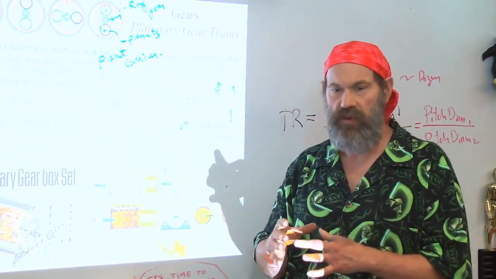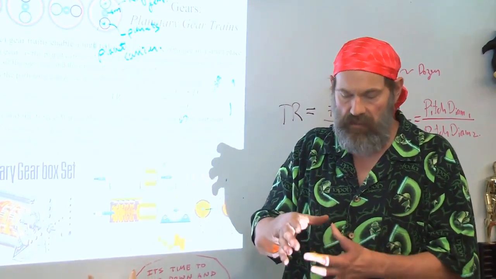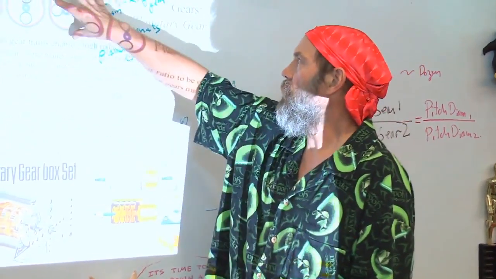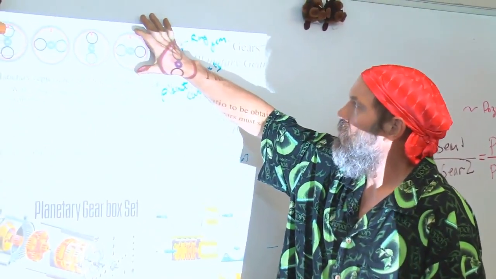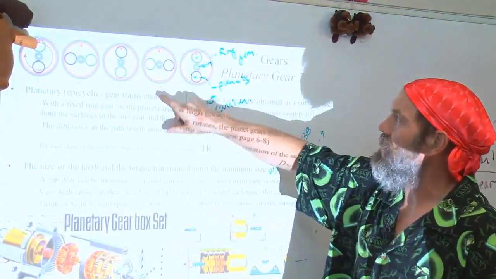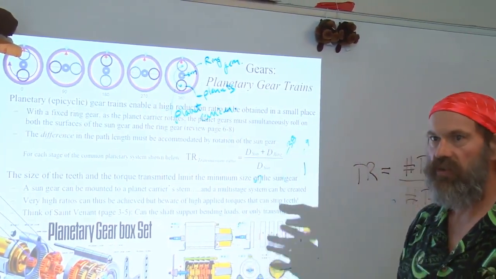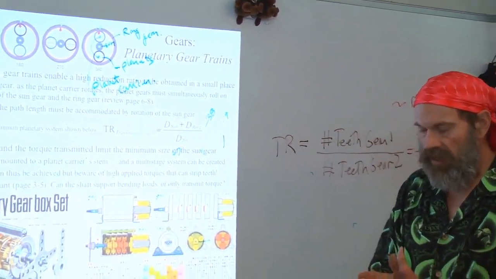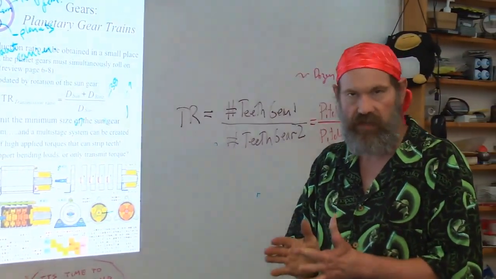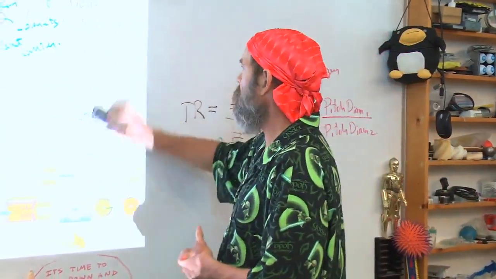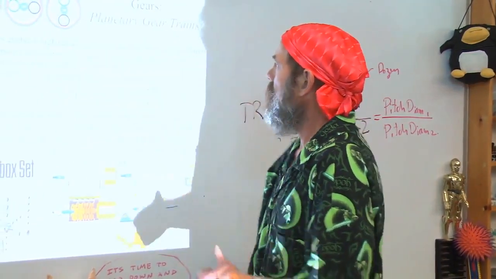What those refer to is essentially the band brakes, remember we talked about those way back, that will alternately fix or let spin free the outer ring gear, for example. So you can do some really fantastic things with what you fix and what you don't fix and what ratios you can get. The moral of the story is that you can get some very high gear ratios in a small package.